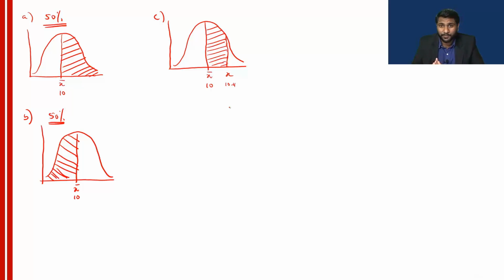Very simple. You have to follow certain steps. The first step is you have to find something called the z-score. How to find the z-score? Z equals x minus x bar divided by the standard deviation. So z is how much? Here x is 10.4. X bar is your mean, how much is that? 10, in the question they have given.